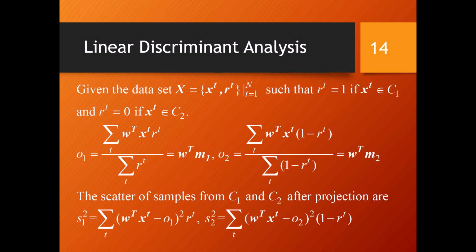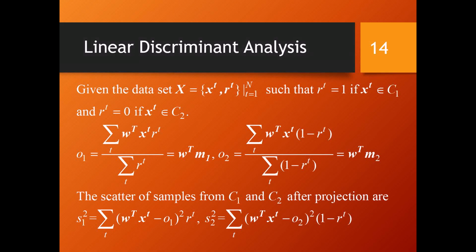From this equation, we need RT, right? RT is the class. That's why I told you that for LDA, we need the class of every data. So we use this equation. You are supposed to be very familiar with this equation. This is from chapter 4 or chapter 5. So we calculate the mean of class 1, and this is the mean of class 2.